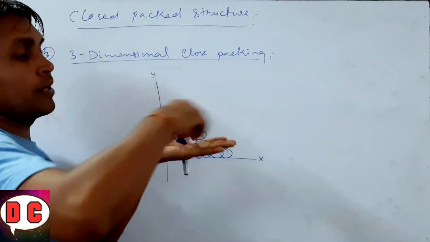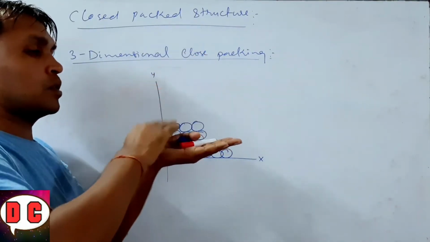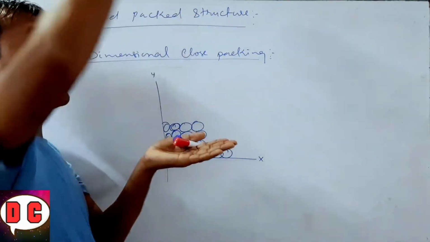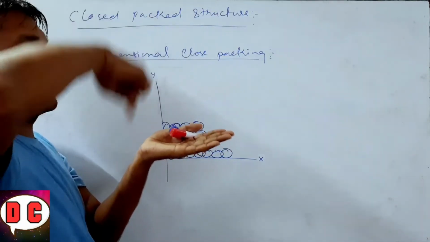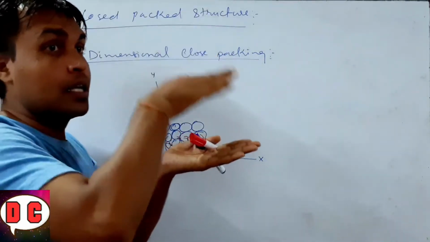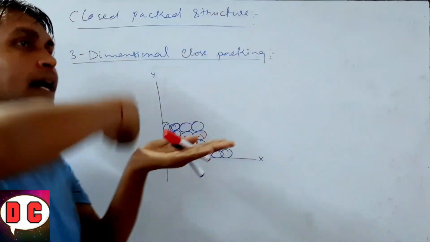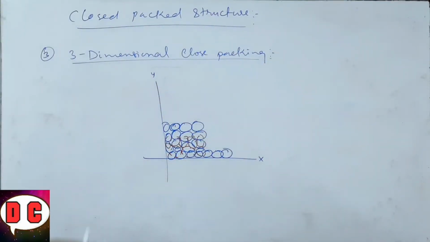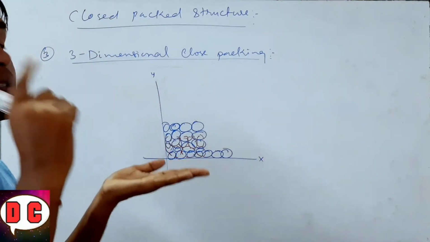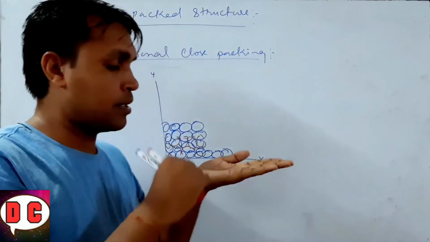X-axis, Y-axis we have arranged, and now over the bottom layer we are placing another layer, again another layer. Then you are getting the third axis also, that is the Z-axis, that is height. So that kind of arrangement we call as what? Three-dimensional arrangement. Why? Because there we are using three axes.